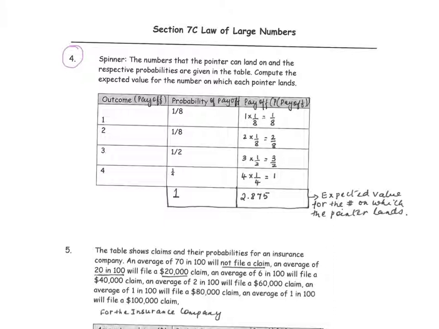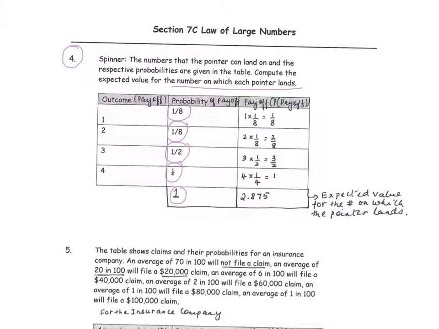For each outcome, we have a probability: 1/8 for 1, 1/8 for 2, 1/2 for 3, and 1/4 for 4. Just make sure they all add up to 1. The question says, what is the expected value for the number on which the pointer lands?